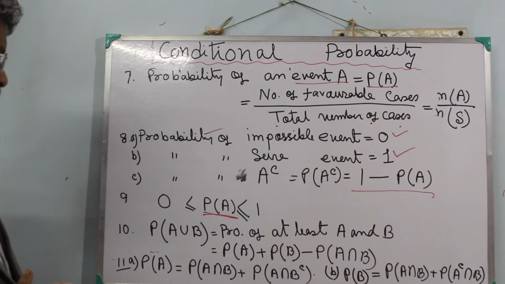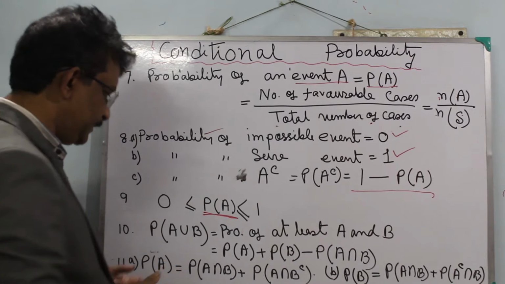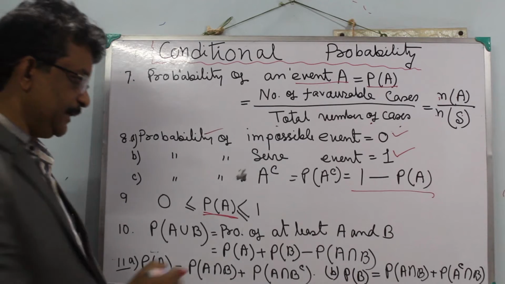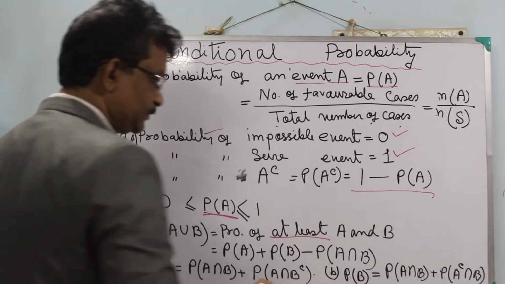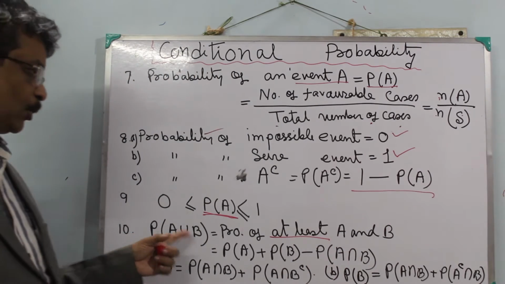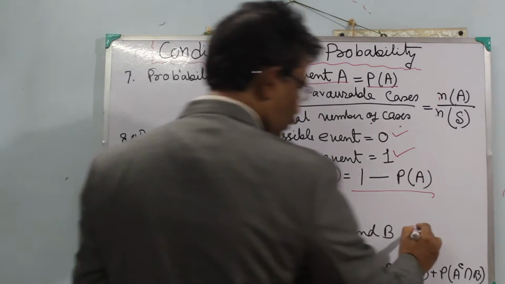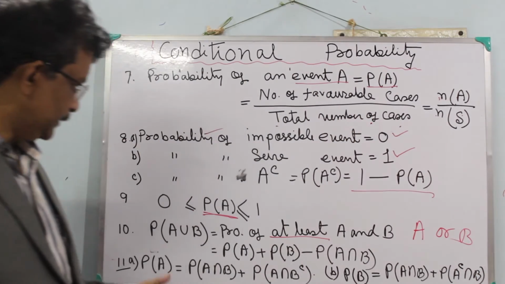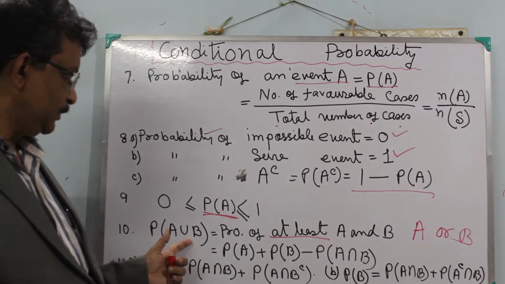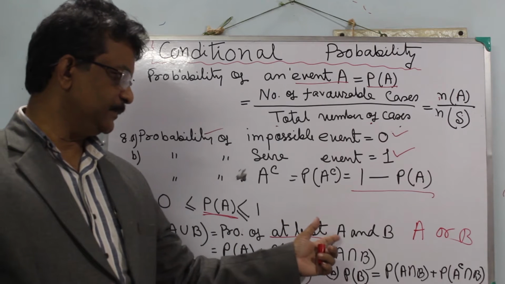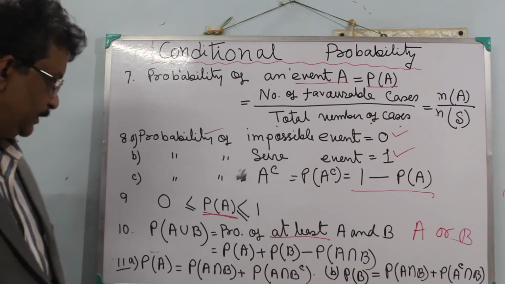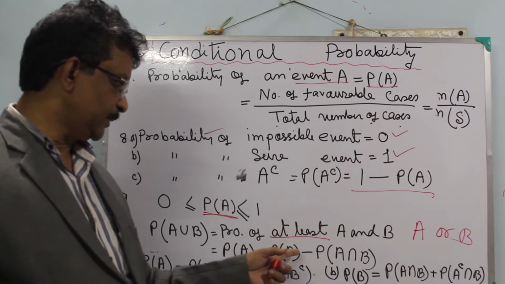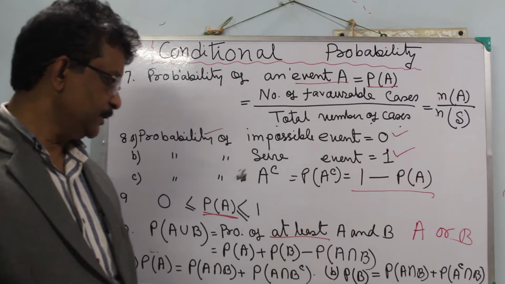In words I can say the probability of at least A and B, or sometimes you will see A or B. So this probability of A union B, or at least A and B, or A or B, is given by probability of A plus probability of B minus probability of A intersection B.